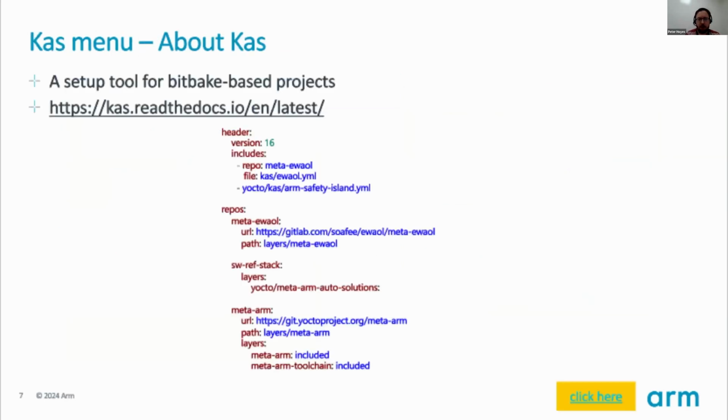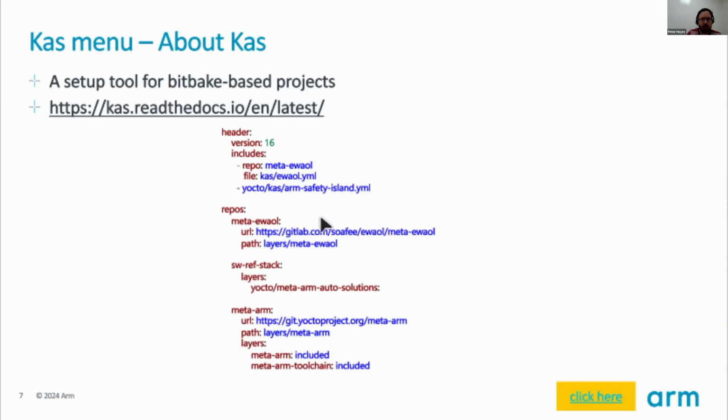So kicking off, CAS. I've had lots of talks at this summit about CAS, so I won't spend too much time talking about the basics. But it is essentially a package manager for Yocto. At least that's how I like to think about it. This is an excerpt from one of our CAS files.